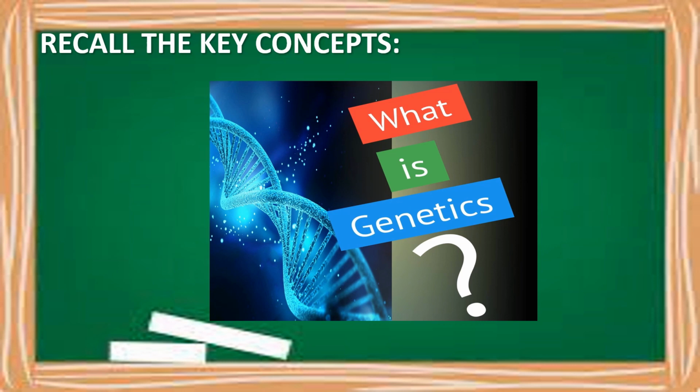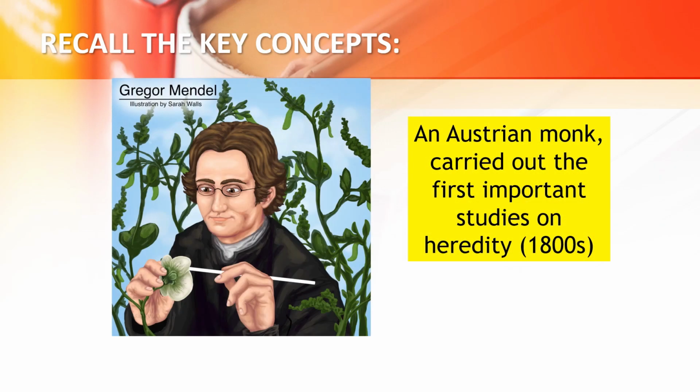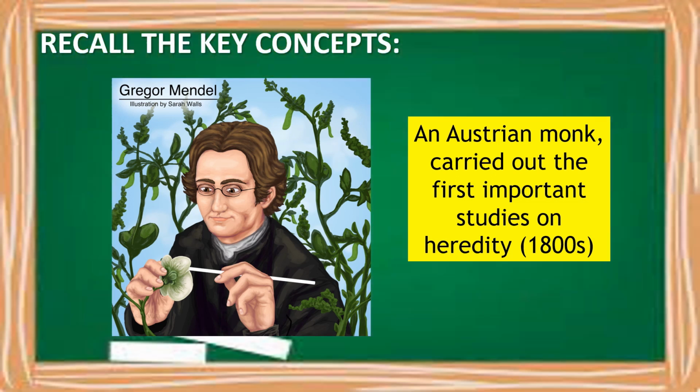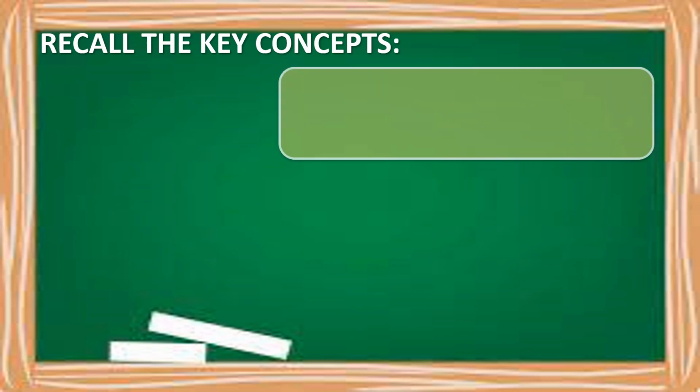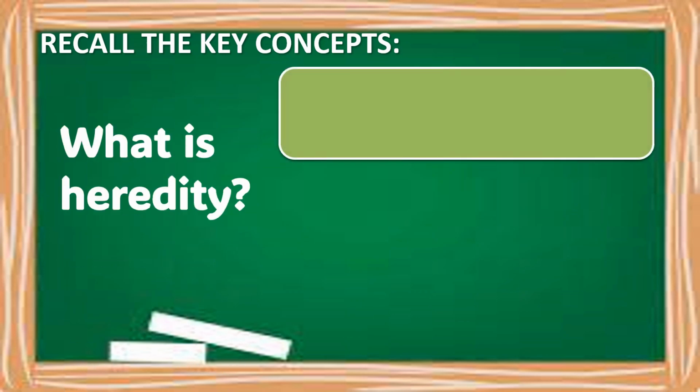As a sort of review, can we recall what is genetics? Do you know who is Gregor Mendel? He is an Austrian monk who carried out the first important studies on heredity. What is heredity?